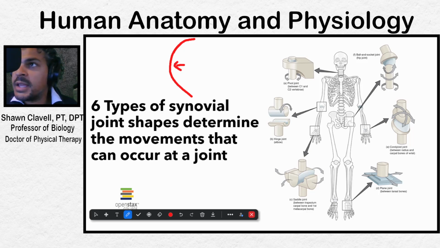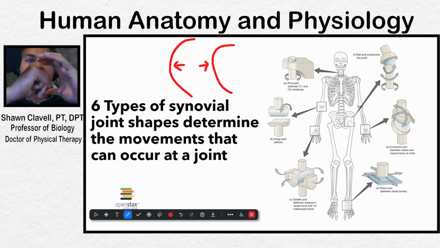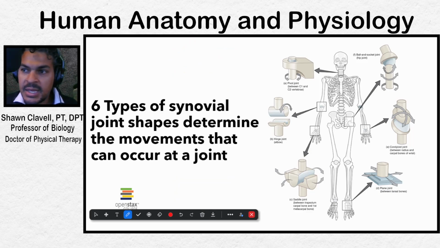And then there's a head, or a convex surface, which is the rounded side. They fit together. This is an example of a joint I think about, a convex versus concave surface. It's the concavity and convexity that allows for these different movements to occur.